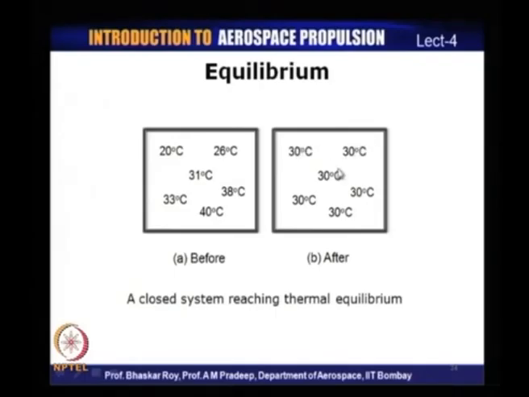In this example, it is just shown that the system is in thermal equilibrium. This does not mean that the system is in thermodynamic equilibrium. For that, in addition to the temperature being the same everywhere, it also has to satisfy the conditions for mechanical equilibrium, which means the same pressure throughout, chemical equilibrium, which means no chemical reactions occurring, as well as phase equilibrium, that is, if the system has different phases, all the phases should be in equilibrium.